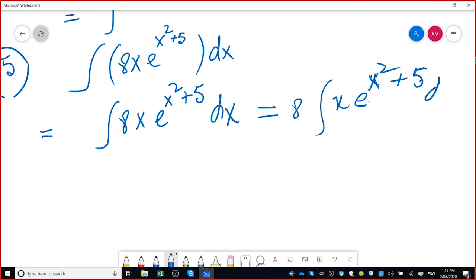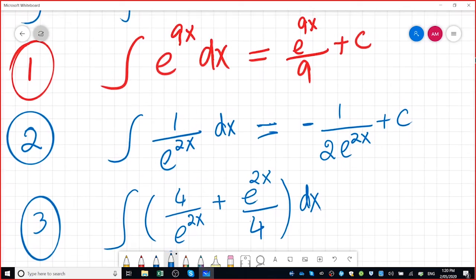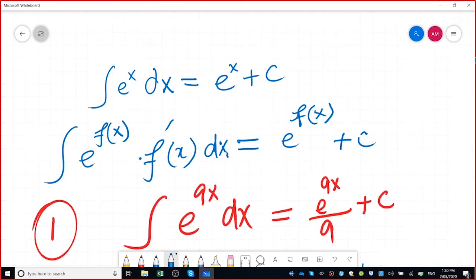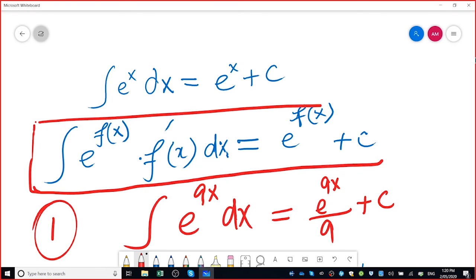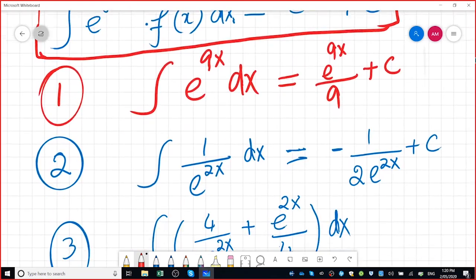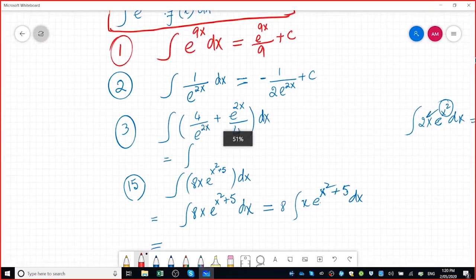Now we have to see what this is equal to, because we had this formula. Let me go back to the formula. The formula says here, so we have to use this formula here. Let me make it smaller.